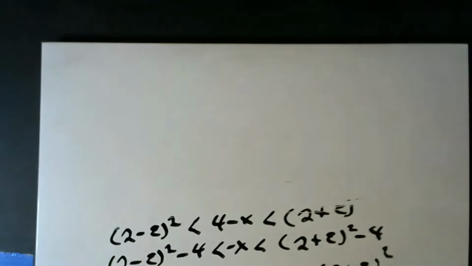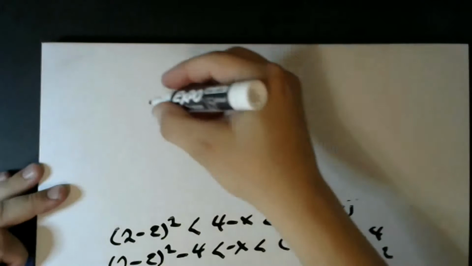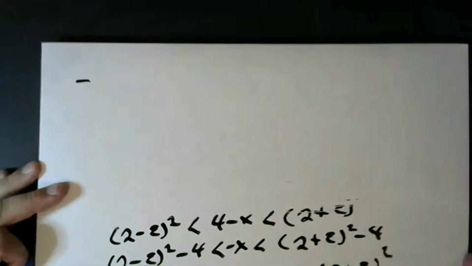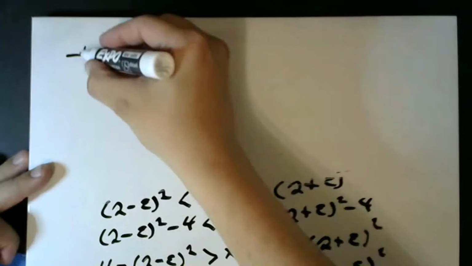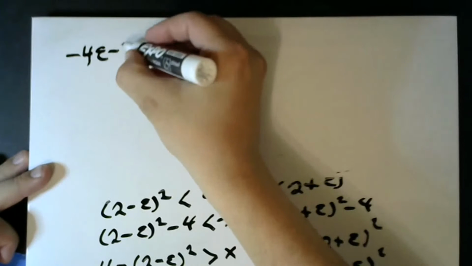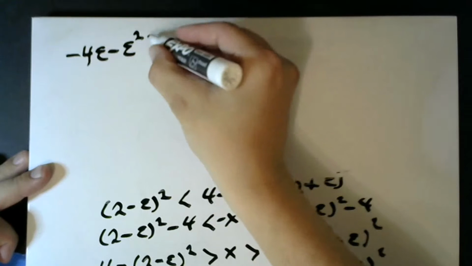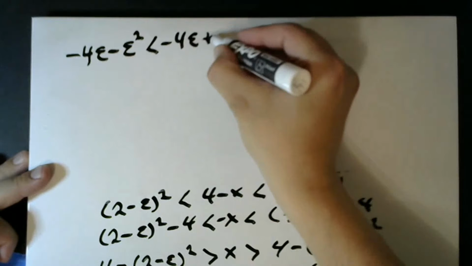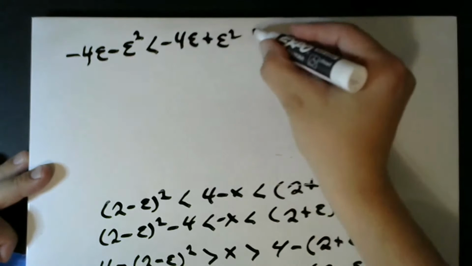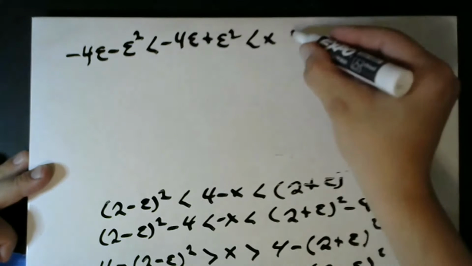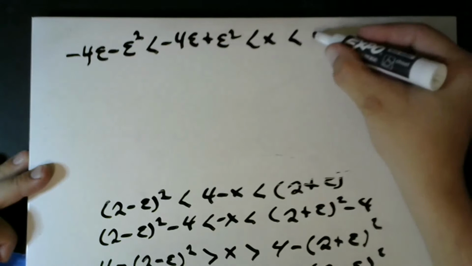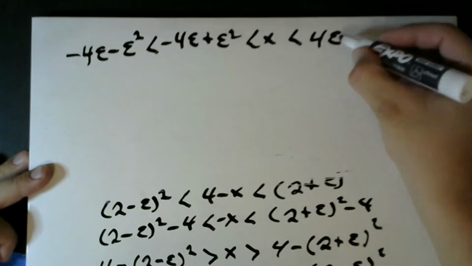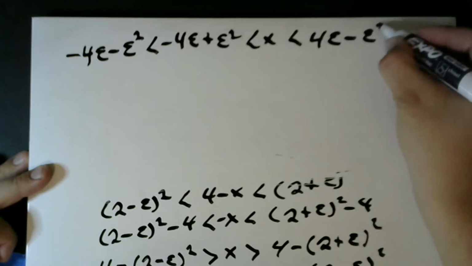So what is that going to look like? Well, we're just going to require that x be closer to 0 is what we're doing. So what we're going to have, minus 4 epsilon minus epsilon squared is less than minus 4 epsilon plus epsilon squared, which is less than x, which is less than 4 epsilon minus epsilon squared.